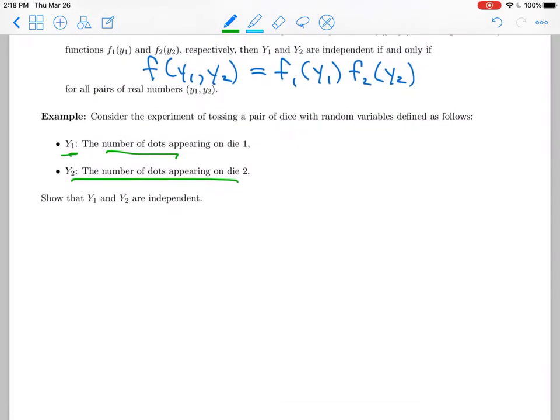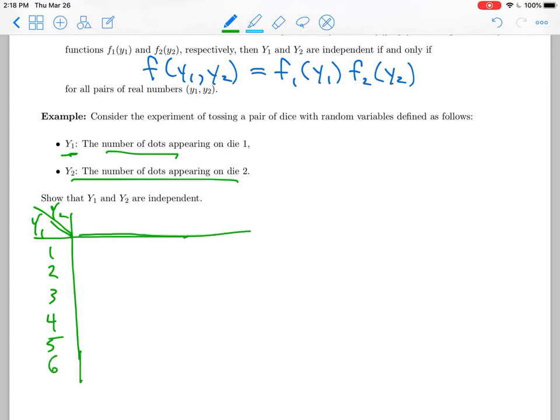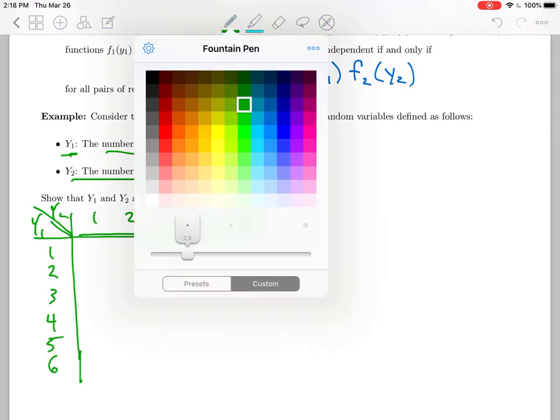So for that joint probability function, the values that show up on Y1 could be 1, 2, 3, 4, 5, or 6. For Y2, the values could also be 1, 2, 3, 4, 5, or 6.